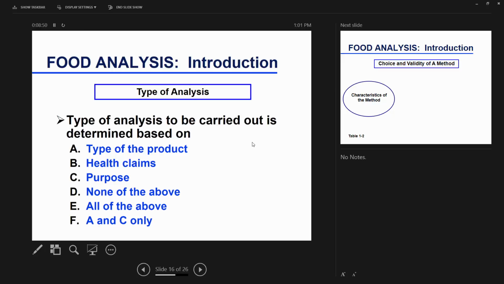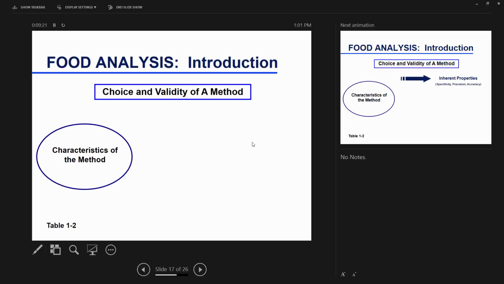So based on the claim that you're making, you have to make sure that you are meeting this claim. So yes, the type of the product, obviously, what do you have at hand, what's the problem, that dictates what type of analysis you're going to do, and we have a lot of examples today and during the semester about the different types of products and different types of analysis you would do. And of course, your purpose, what problem you have at hand, or what question you want to answer. It's all of it.